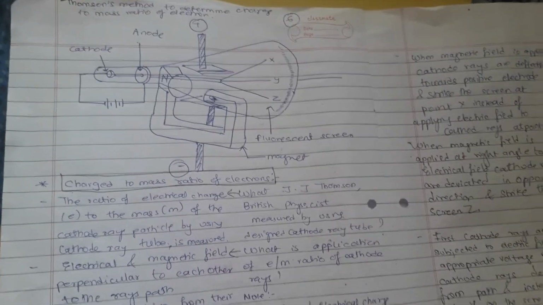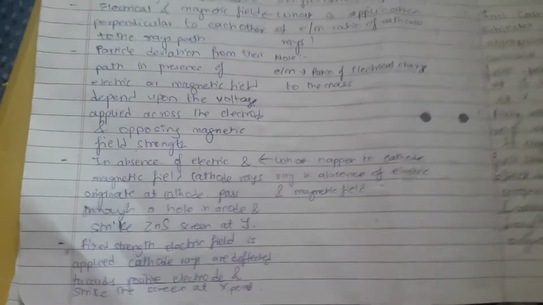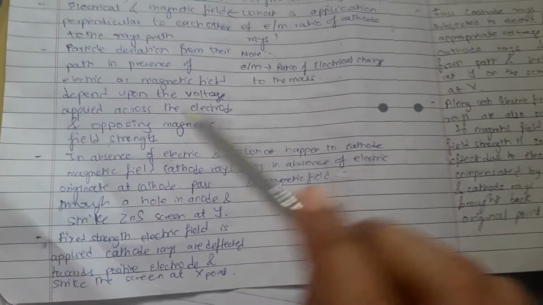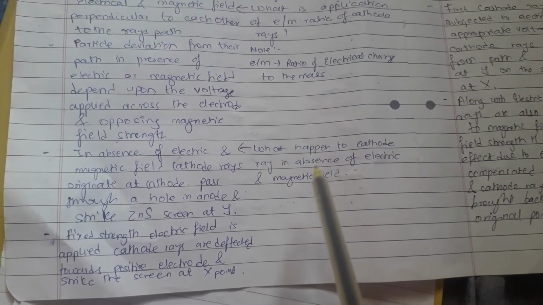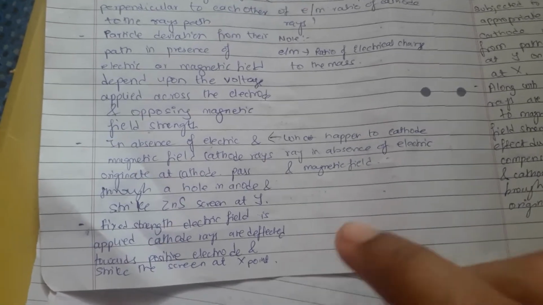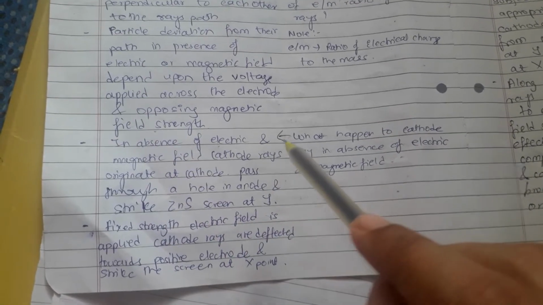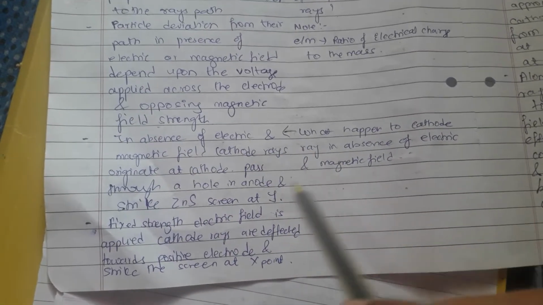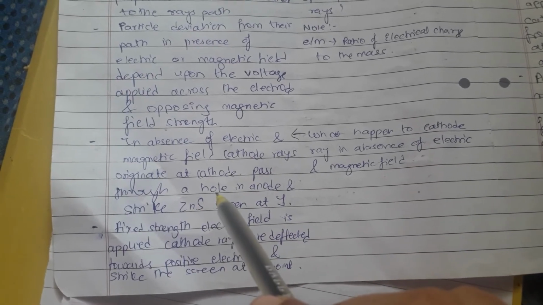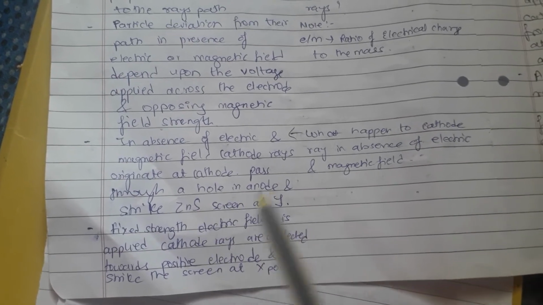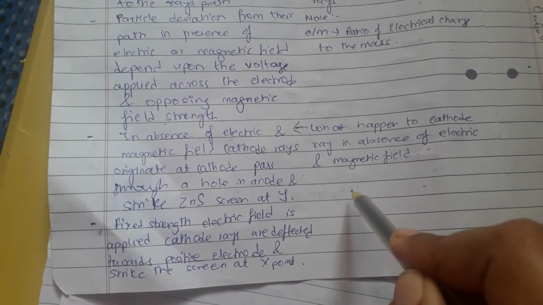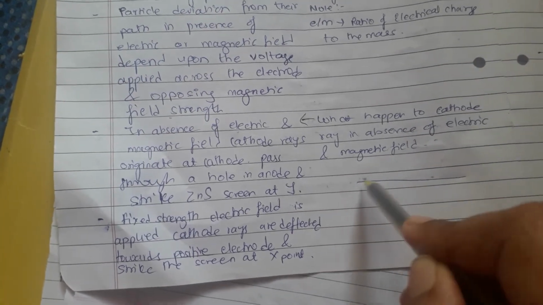So I will once again read this point. What happened to the cathode ray in absence of electrical field? In absence of electrical field and magnetic field, cathode rays originate at cathode, pass through a hole in anode and strike at Z in a straight line.